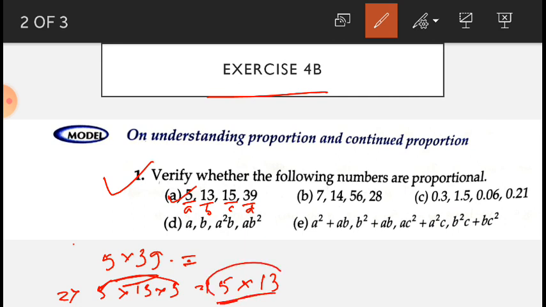So you have to prove whether this happens or not. So the question number A: yes, it is in proportion.